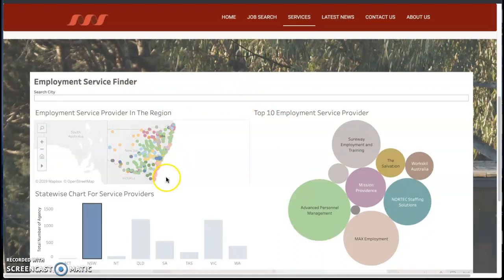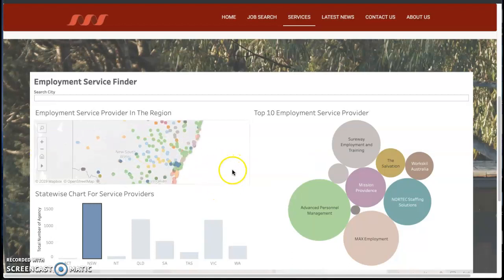So I can find the nearest service center in my home, in my living place.